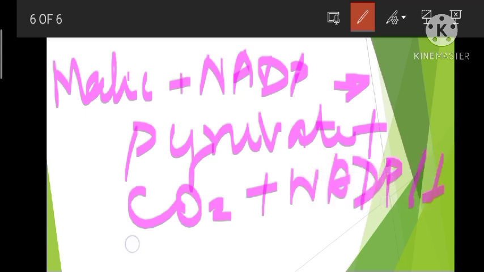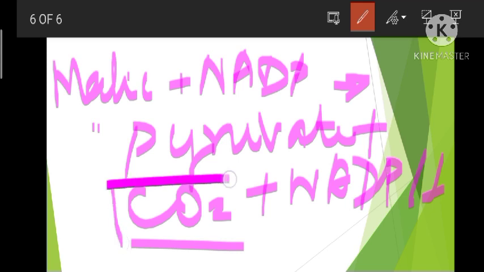Now what is formed? Again carbon dioxide is formed inside the bundle sheath cell. So malic acid will combine with NADP to form pyruvate, carbon dioxide and NADPH, and here again carbon dioxide is formed.